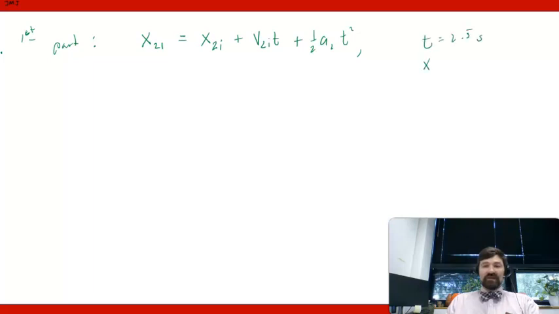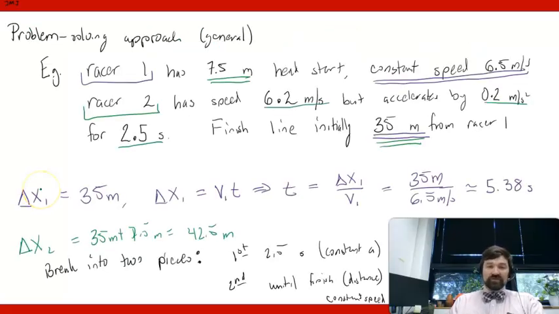We're using x2 initial to be this 42.5 meters, except we're going to make it actually negative. So negative 42.5. Why are we making x2 initial be negative 42.5? Because they are that far behind the finish line.